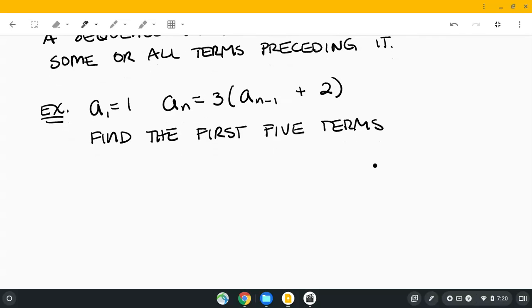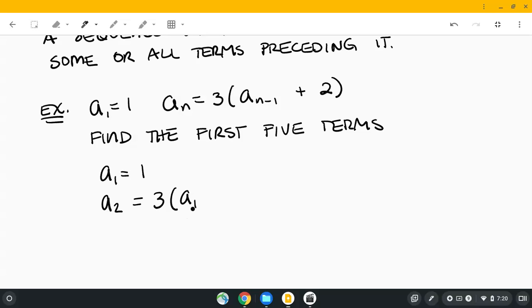All right, so we already know A1. A1 is 1. It's given. Now, if I want to find A2, I'm going to use this formula. A2 is equal to 3 times, this is the one before it, so this is going to be A1. If this is A2, this is A1.